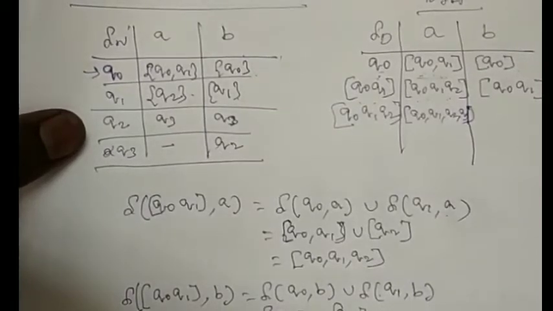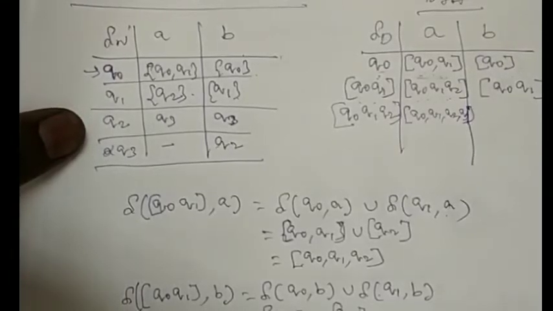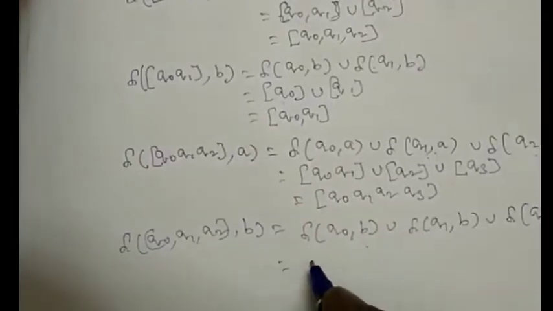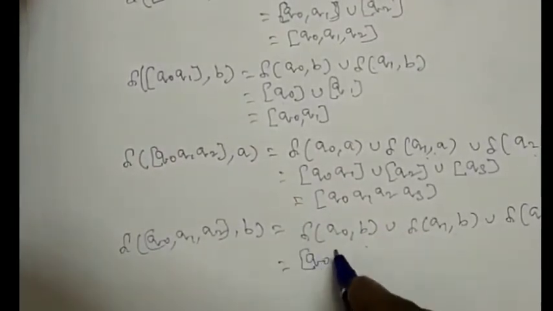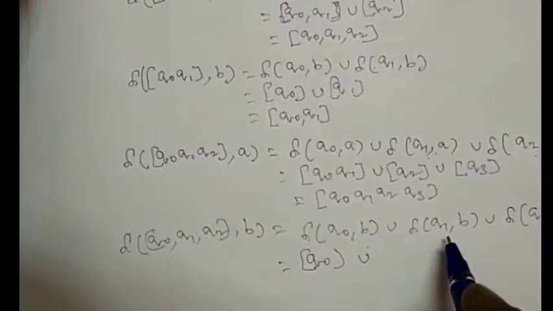So now I just have to write it. Q0 comma B goes to Q0 itself, so I just write Q0. Union, Q1 comma B goes to Q2. See the NFA diagram, it goes to Q2. And Q1 comma B goes to Q1, isn't it? Yes, it goes to Q1.